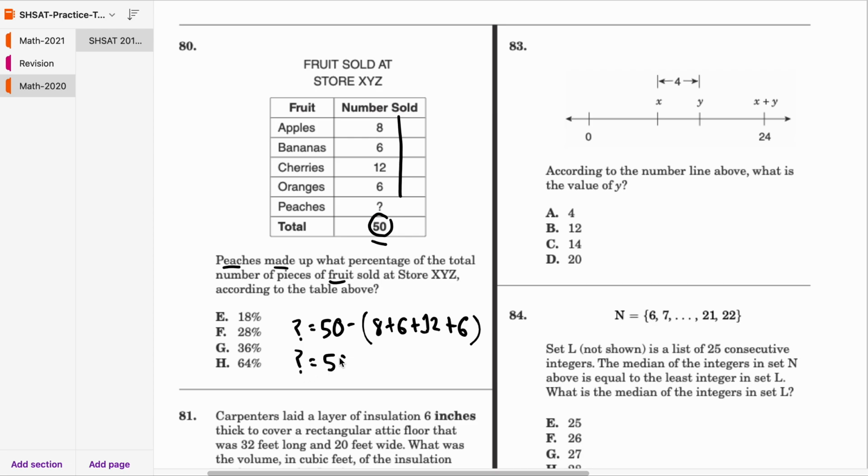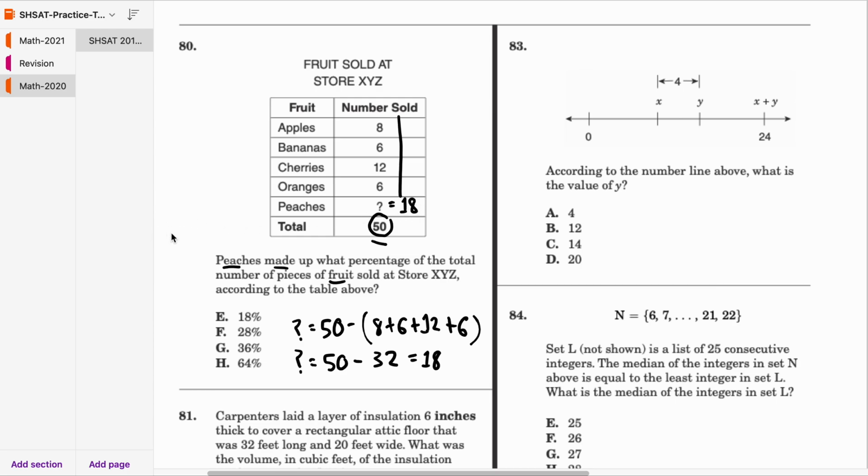So this is going to be 50 minus, and then we add this stuff in parentheses together to get 32, I think. So 14, 26, yeah, 32. So we know that there were 18 peaches that were sold.